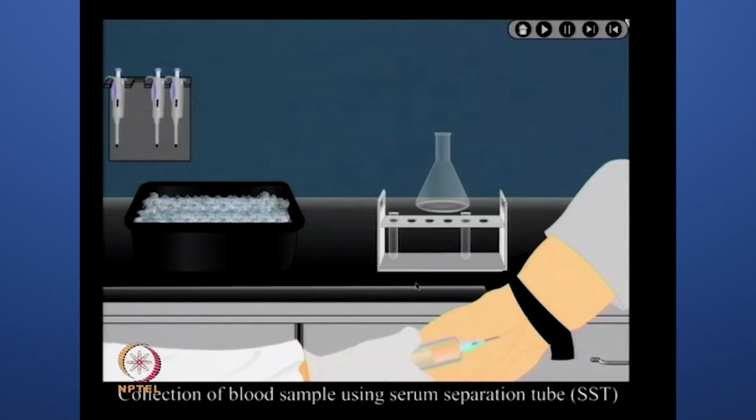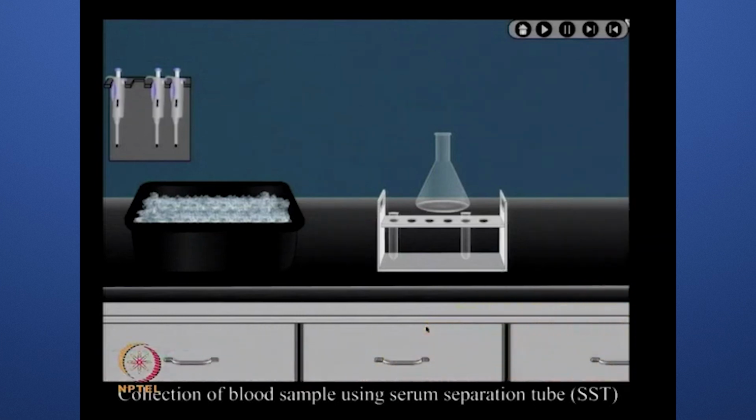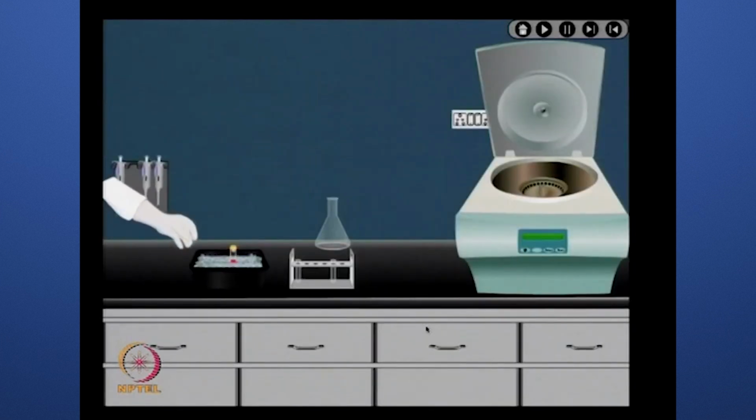So, first click on the syringe so that blood can be collected. The blood proteome is one of the most complex components of the human proteome. It fluctuates depending on the physiological and pathological conditions of the patient.